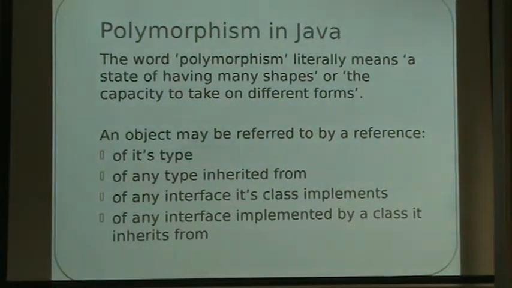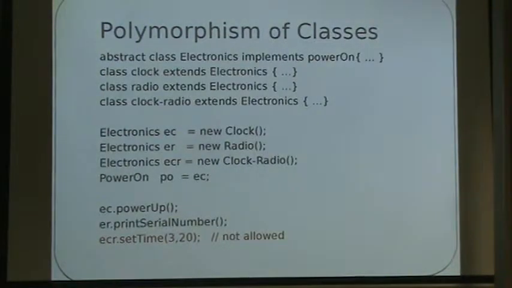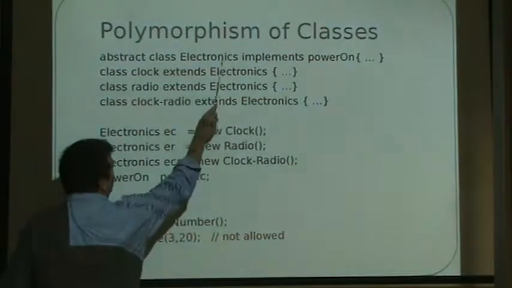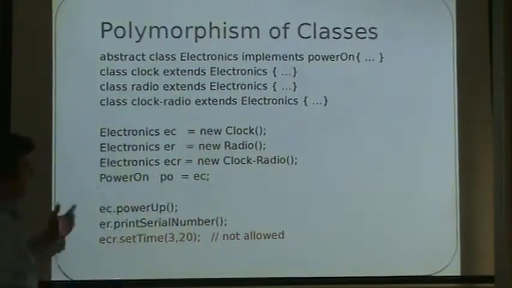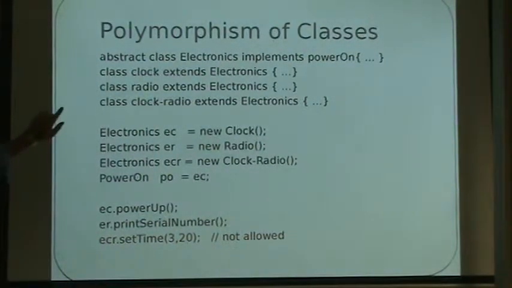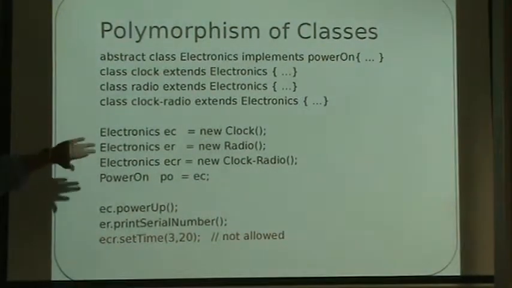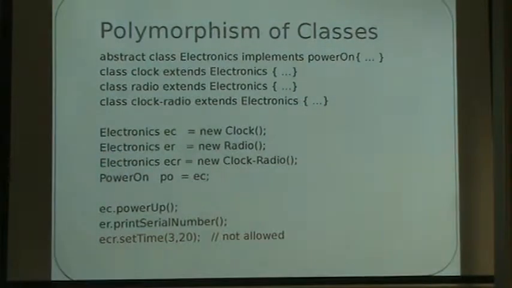So examples of polymorphism would be something like this. Suppose we had an electronics class which is abstract, just a reminder of last class. An abstract class is a class that you would never instantiate. You would never say, this object is of type electronics.